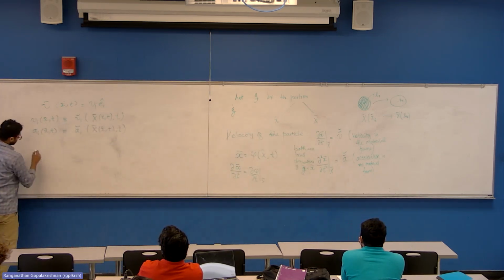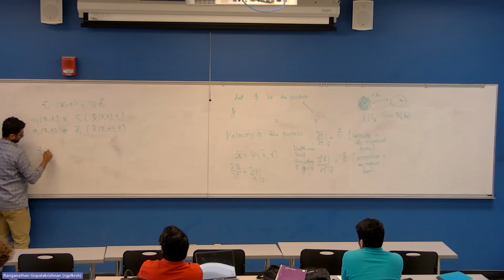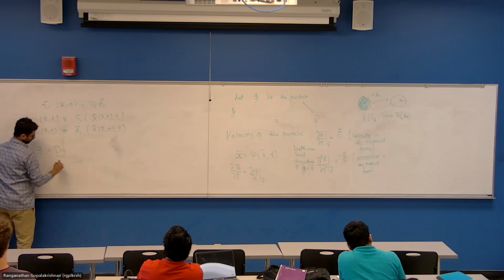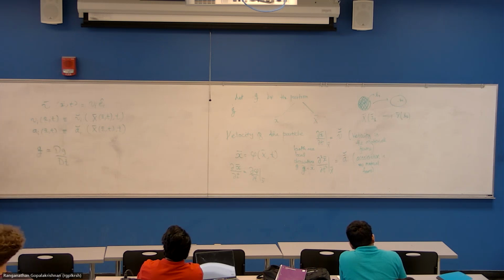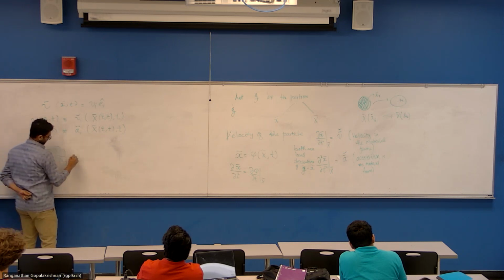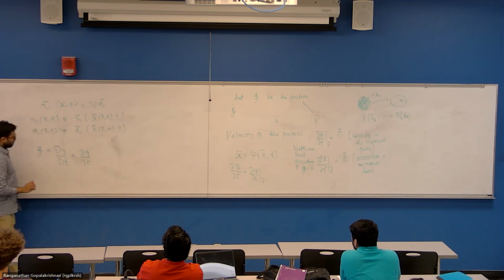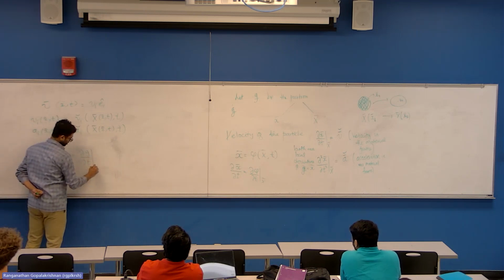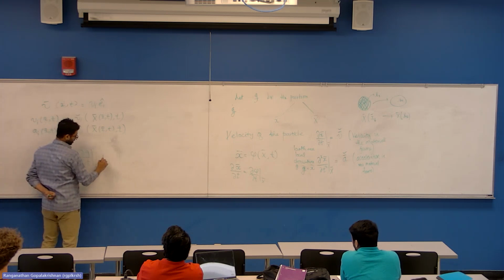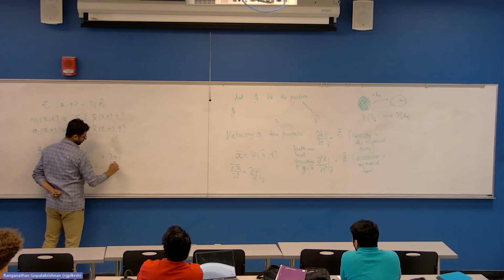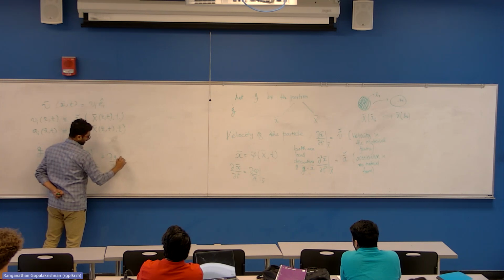If we consider g dot to be equal to the material derivative, what is the material derivative? This is the partial derivative of g with respect to time at a given position, plus the partial derivative of g with respect to position multiplied by dx dt.